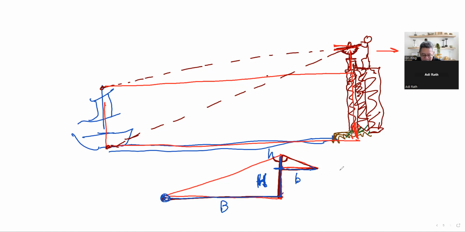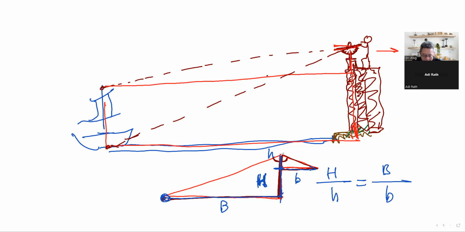So we know that, well, let's do it the other way. The capital H over small h should equal capital B over small b.